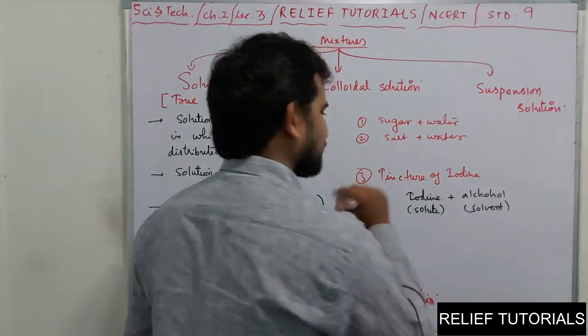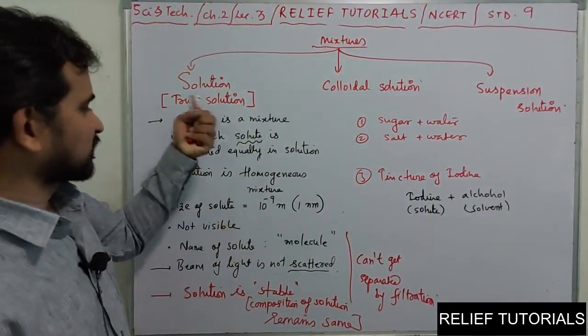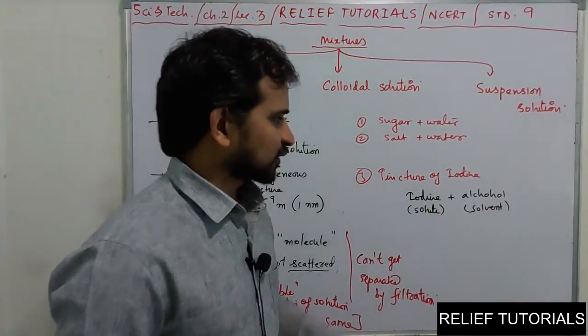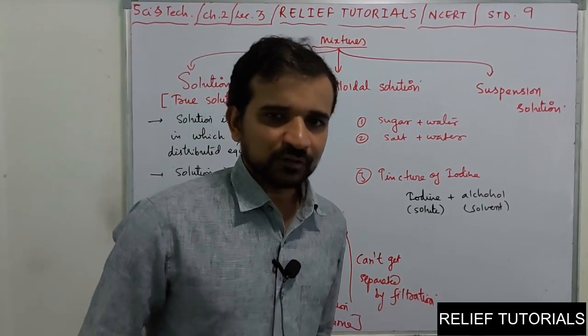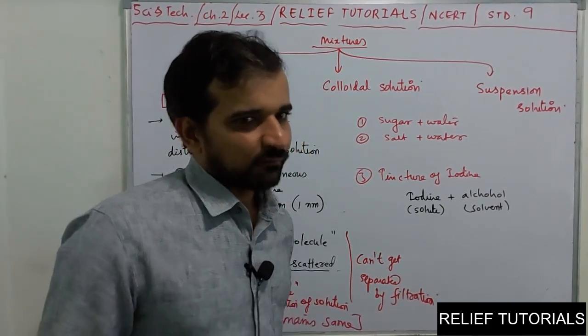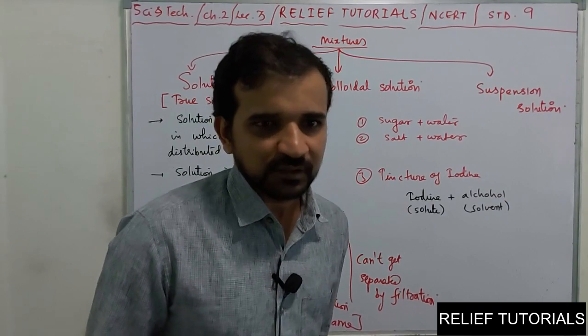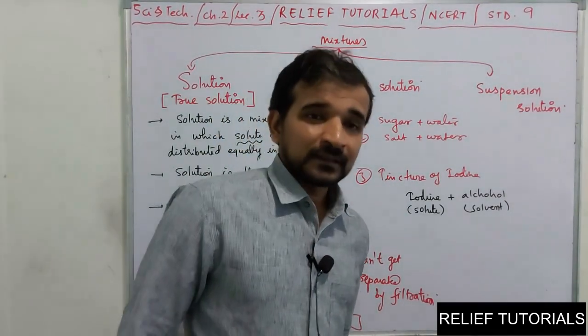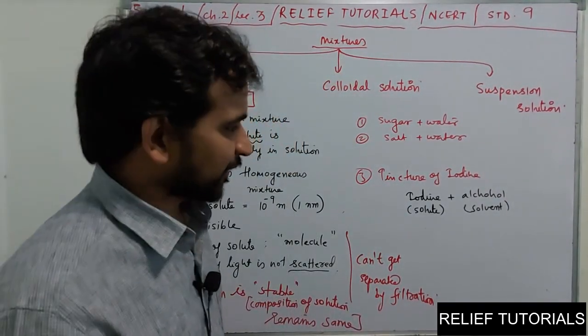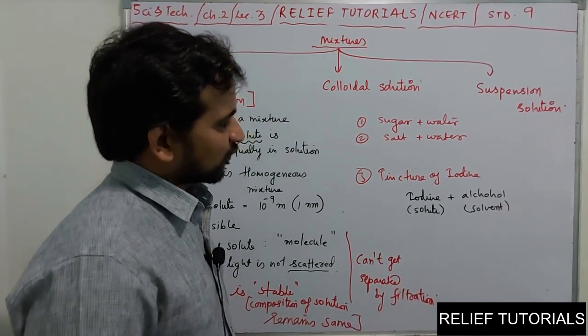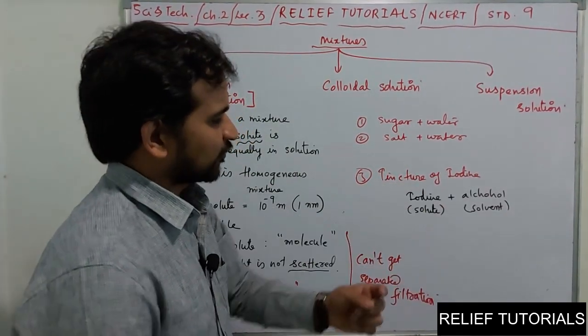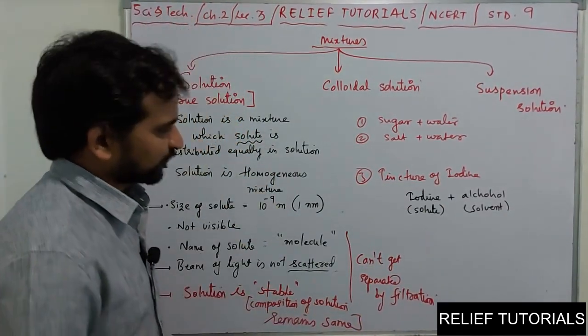So this mixture is again a homogeneous mixture, meaning a solution. And I think this tincture of iodine is normally used in the dressing of wounds. We have seen this, Dettol, Savlon. This type of solution is available in the market. So iodine plus alcohol is called tincture of iodine. This mixture is a solution.